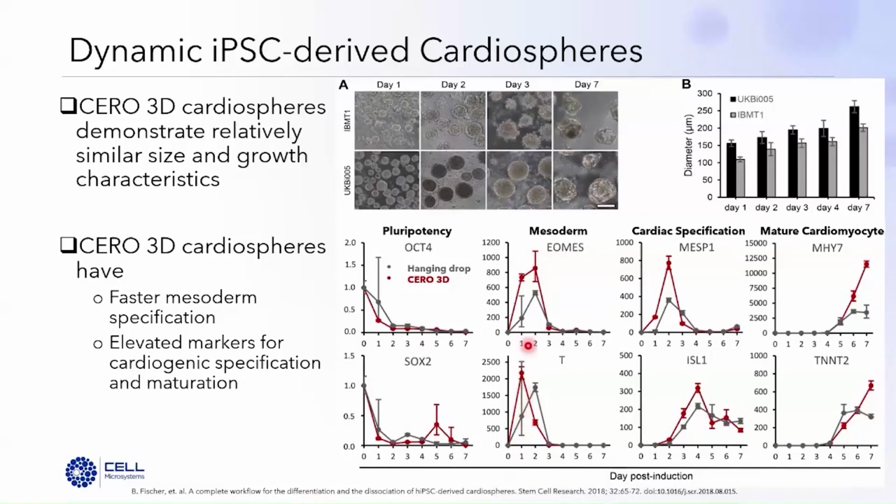So this peak here and here coming on sooner in the Zero 3D compared to the hanging drop. And in addition to that, they also noticed that their markers for cardiac specification and mature cardiomyocytes were elevated in the Zero 3D compared to hanging drop. Ultimately, this indicated that that dynamic culture environment better supported the cardiomyocyte induction.